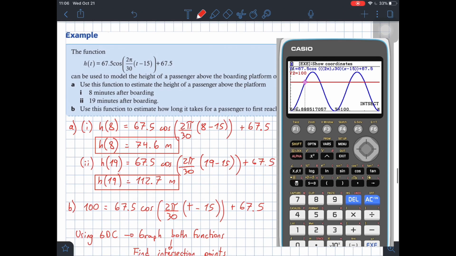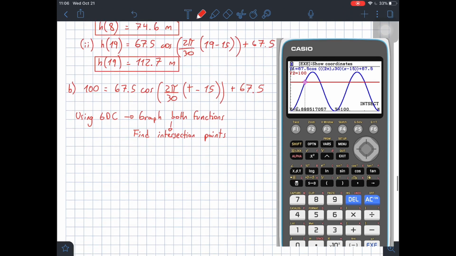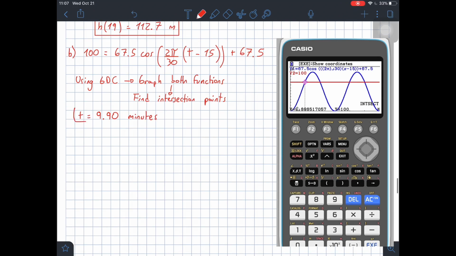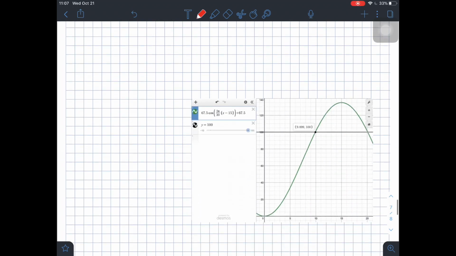We're talking about minutes here, right? So if you do the sketch, you're going to get that the time of first intersection would be 9.90 minutes. So that's the first time in which we're going to get 100 meters in height, right?